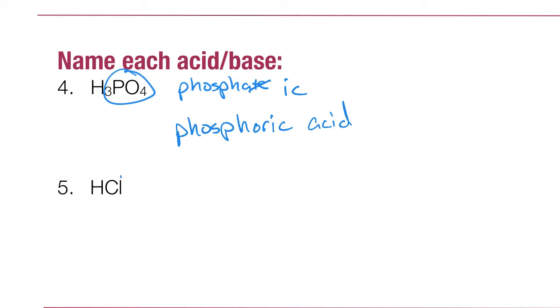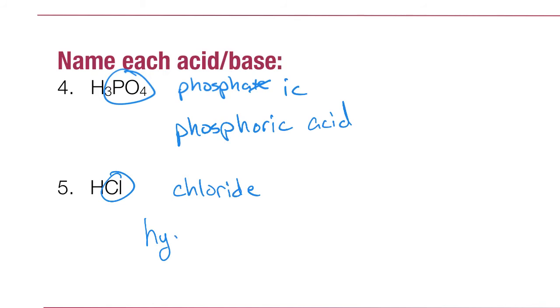All right, on number 5, again, we're focusing on the anion, and we want to come up with the name of that anion. It's just the element chlorine, but when chlorine is in a compound like this, it ends in ide, chloride. So when our anion ends in ide, which it will anytime you have a single element, we're going to have an extra piece to our name.